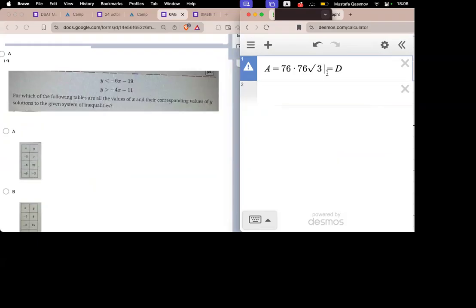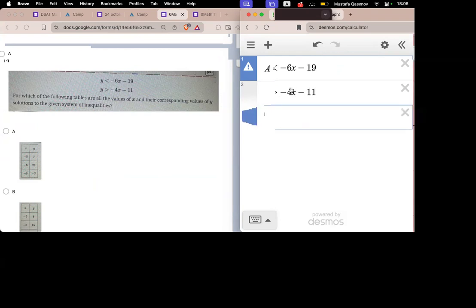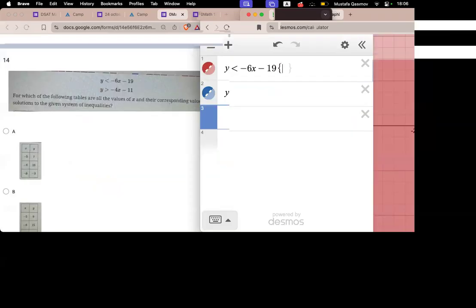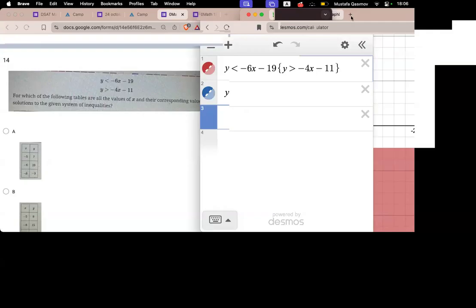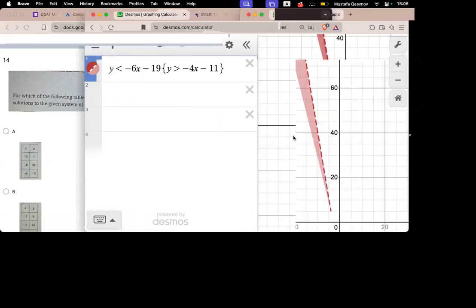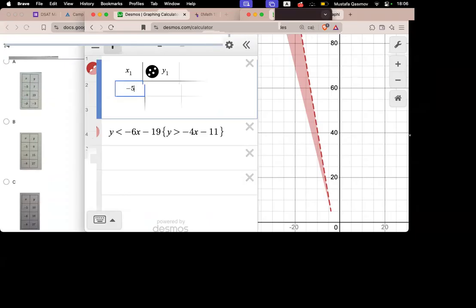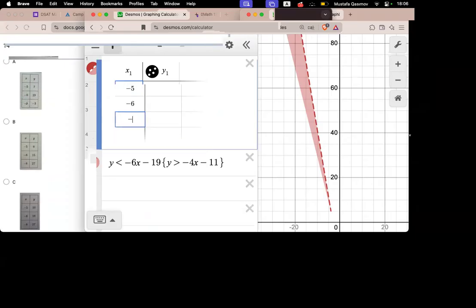14. You have to just write the decimals, then you will get answer. Okay, we write like that. If you take that one and if you write here with using this bracket, you will get something like that. Okay, it's our solution. It's our intersection part and it's solution. Then create table. Then write here -5, -6, and -8. 7, 23.